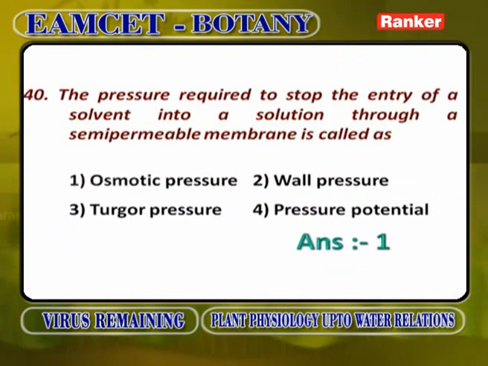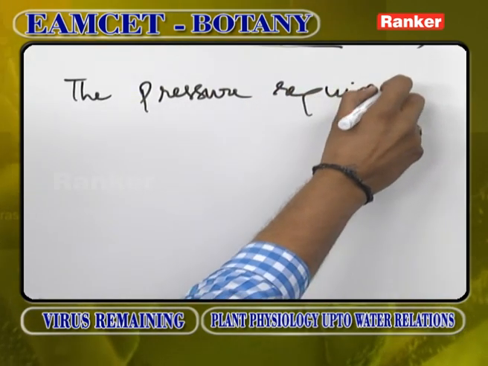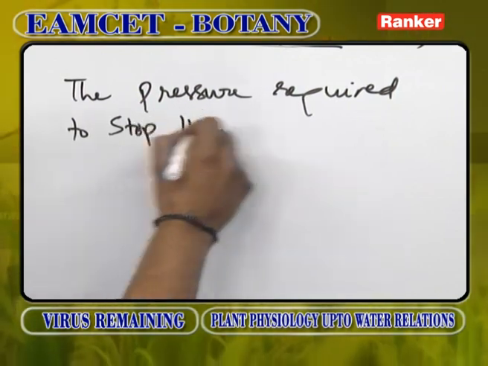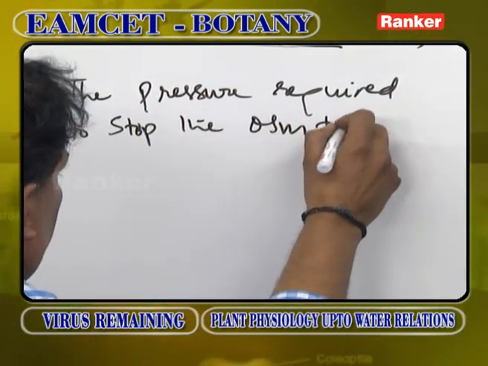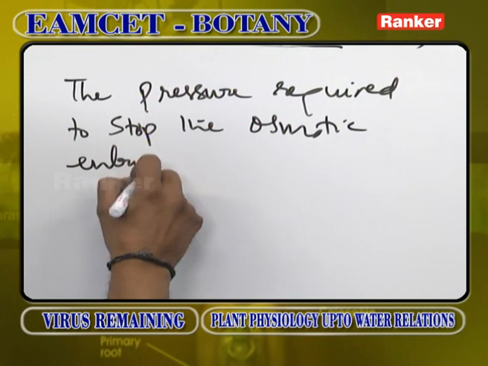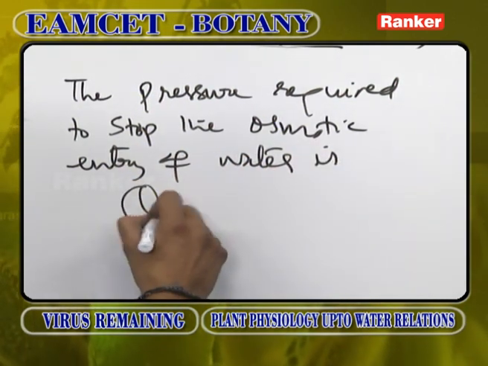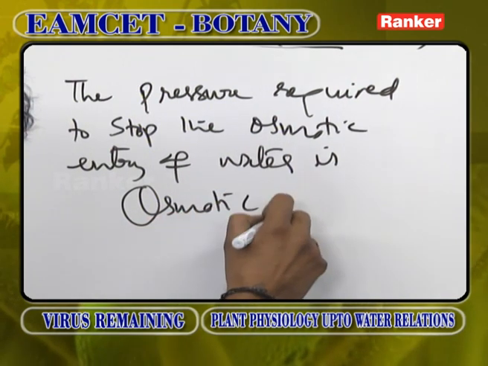The pressure required to stop the entry of a solvent into a solution through a semi-permeable membrane is called, this is nothing but the pressure required to stop the osmotic entry of water, called osmotic pressure.